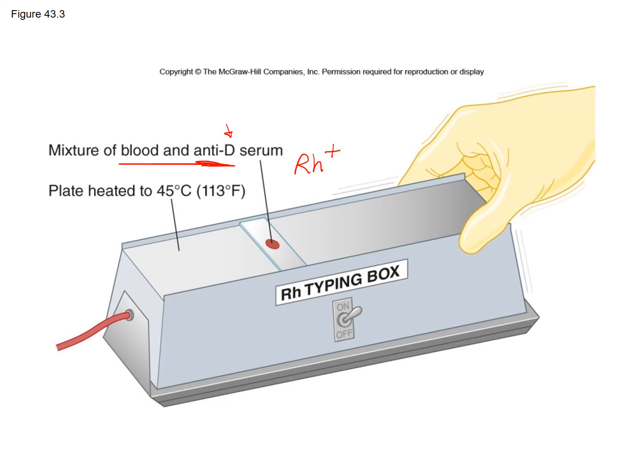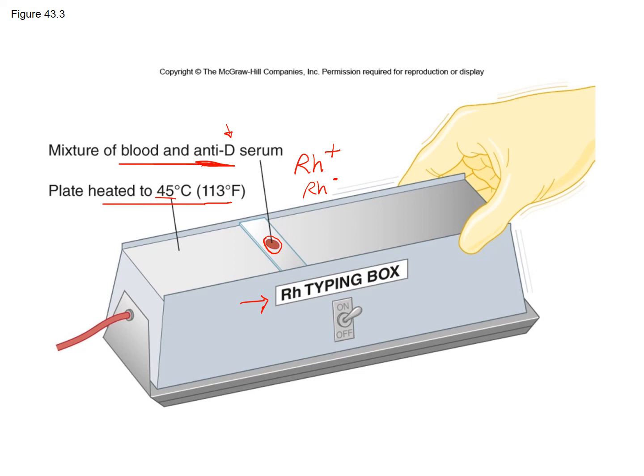If no reaction happens, that means it's Rh negative. Usually you put the blood sample and you heat it. This is called the Rh or rhesus typing box. You heat it up to 45 degrees Celsius, or 115 degrees Fahrenheit. If the reaction happens here when you add the anti-D, that means this blood type is Rh positive.